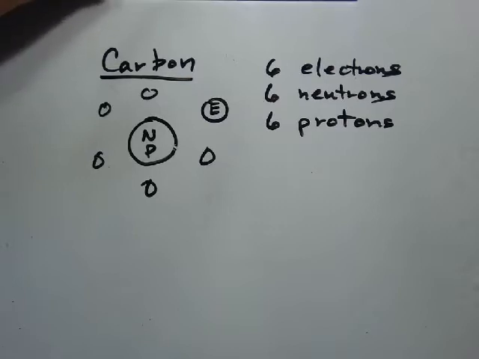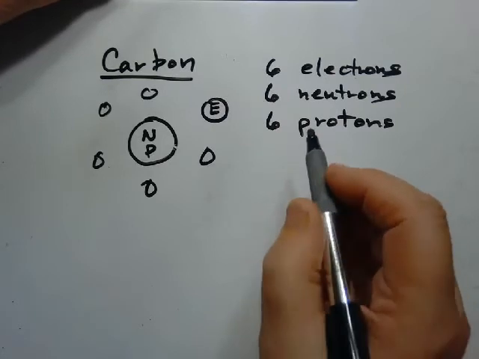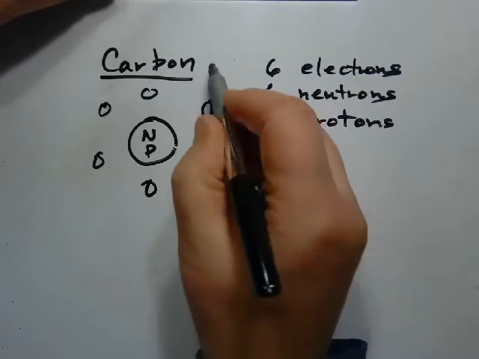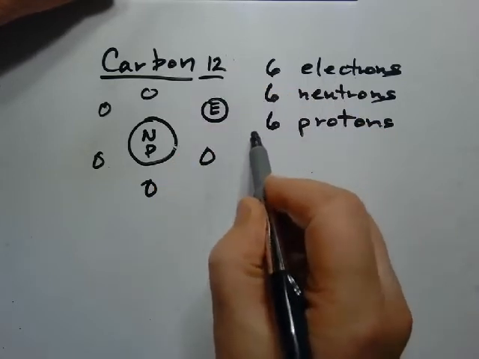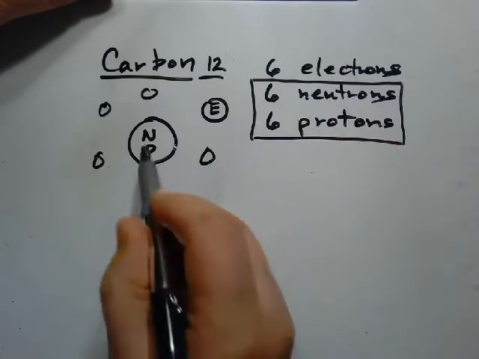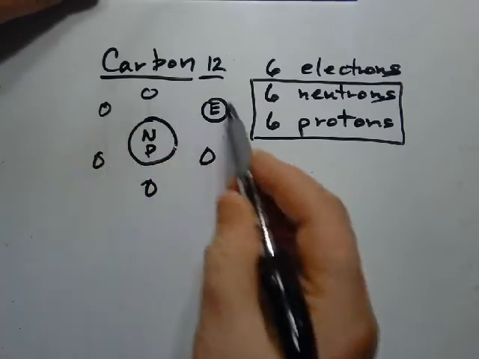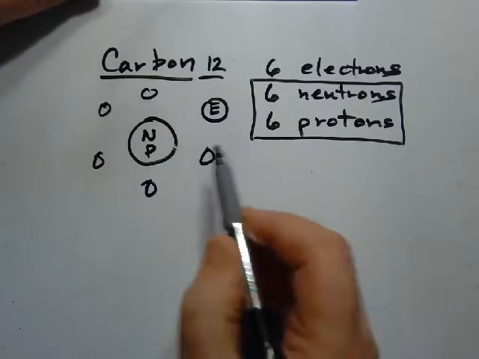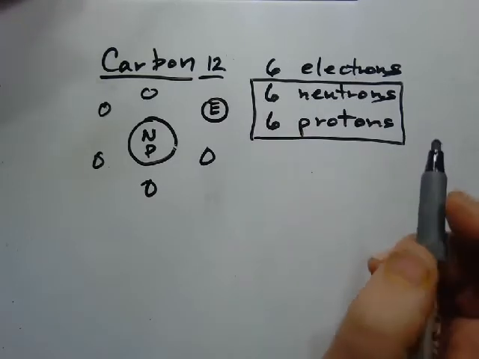Carbon is number 6 on the table of elements, and normal carbon is what's called carbon 12, and that 12 comes from the sum of protons and neutrons that are in the center of that carbon atom, and of course it's surrounded by 6 electrons.